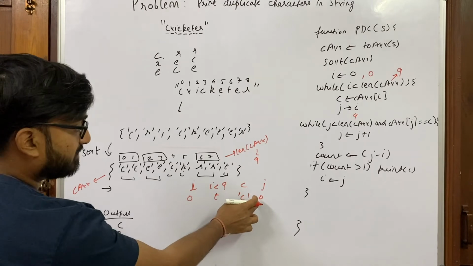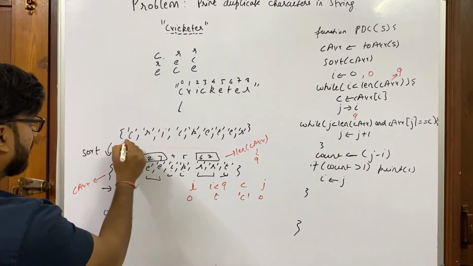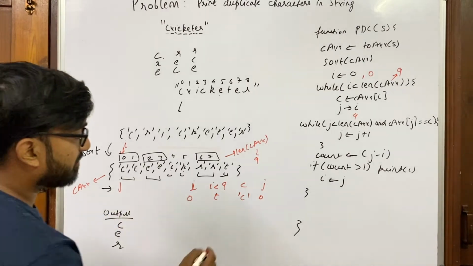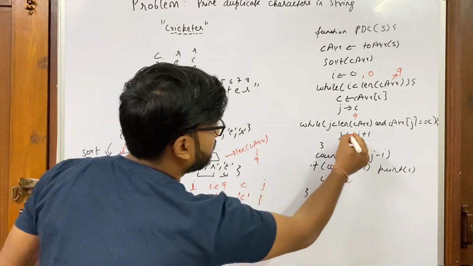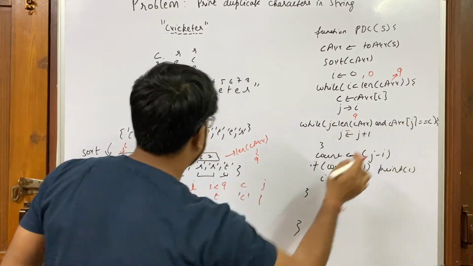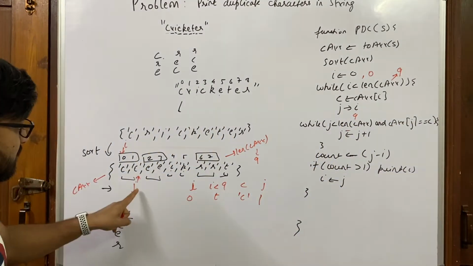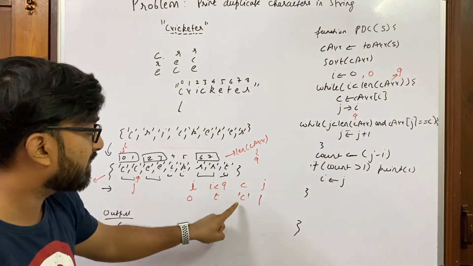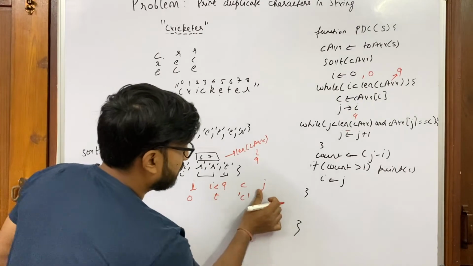CARR of J is here right now, I is here right now, so they are equal. You do J plus 1, J becomes 1. You check this condition again, true. 1 is less than 9 is true. CARR of J is C, and this single character C is equal, true, J becomes 2.